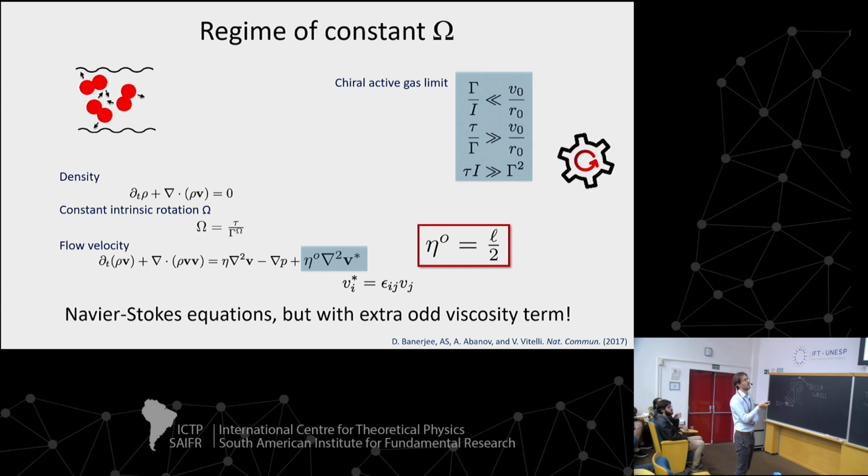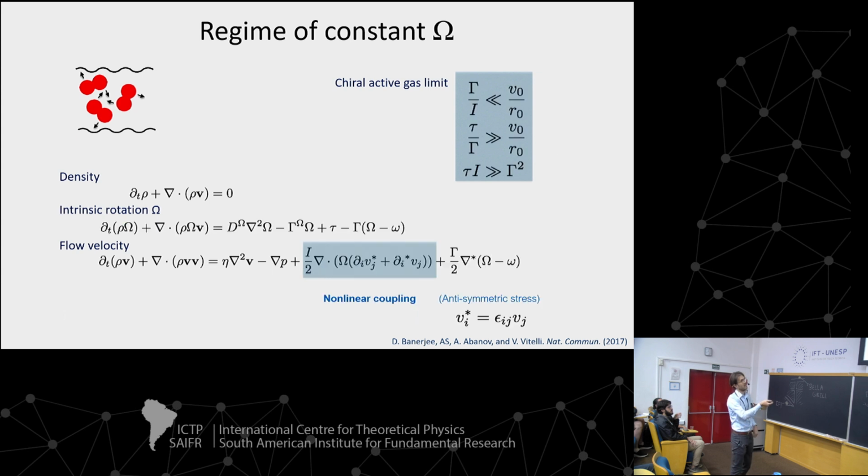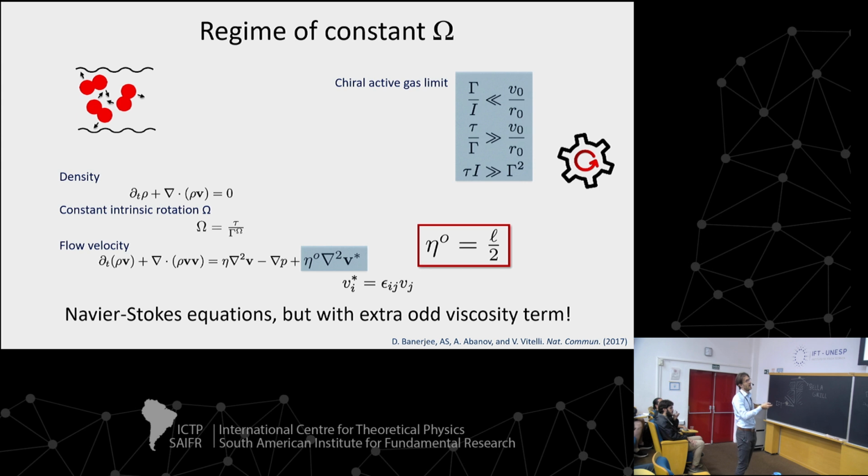But what I generate from this, I kill then any gradients in this intrinsic rotation rate. But what I am left over with is a term of this form, where I have a Laplacian of a velocity now rotated by 90 degrees times a prefactor. And this prefactor is exactly the odd viscosity prefactor. If you plugged in the full tensor that we started out with into this equation, this is exactly the term that you would find.